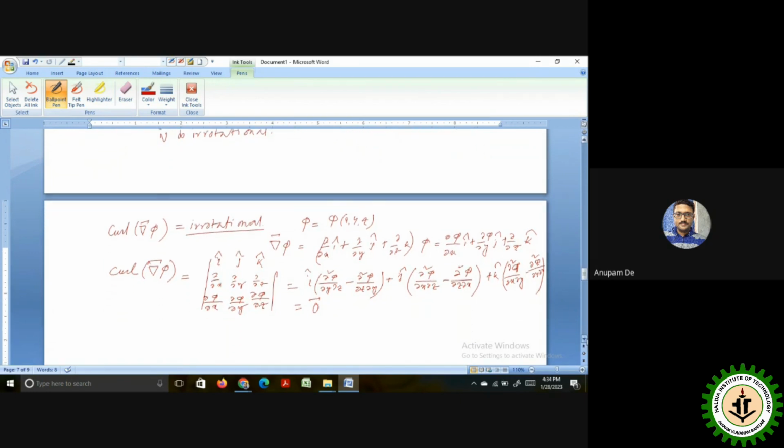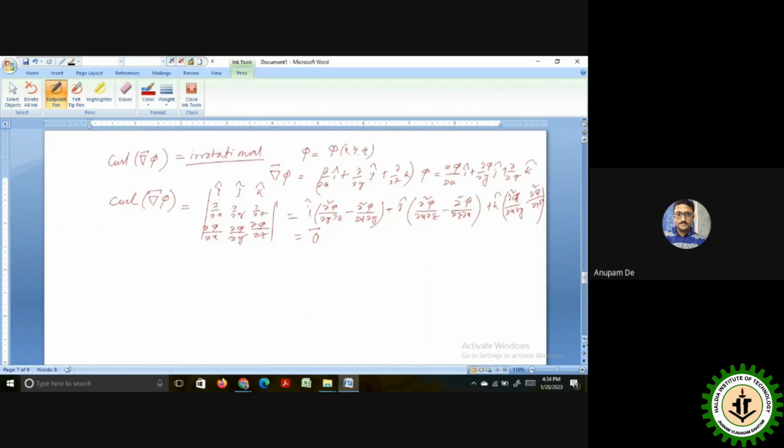For any vector, whenever the curl of the vector is equal to 0, suppose you are given a vector A and you get curl of A equal to 0, then since this is equal to curl of grad phi, we can conclude that A can always be represented as A equal to grad phi, where this phi is called the scalar potential function.